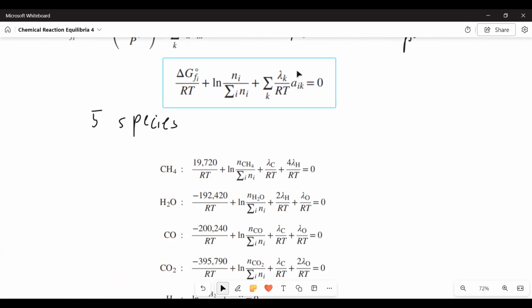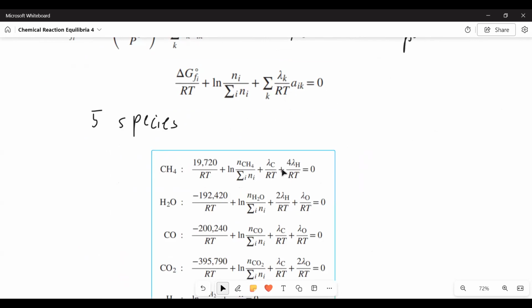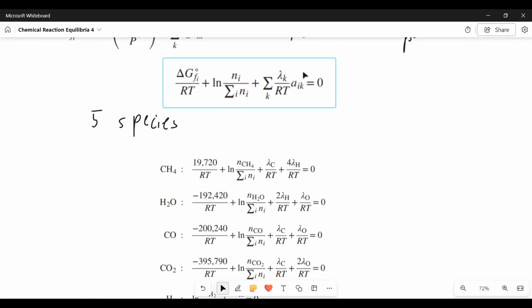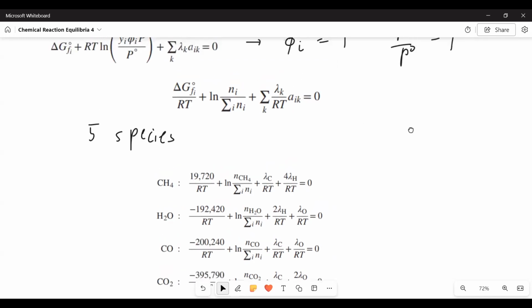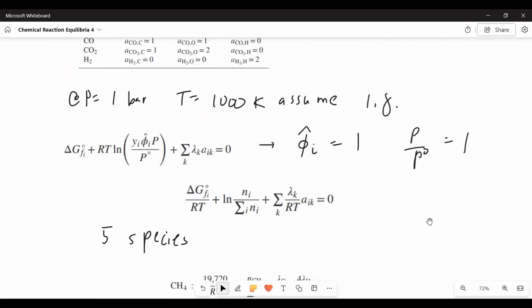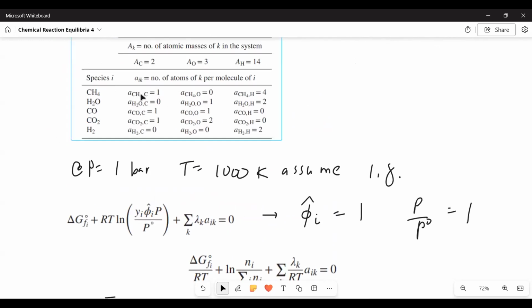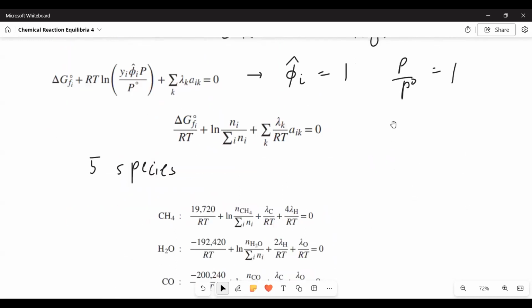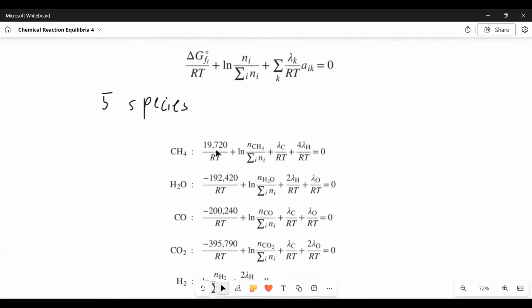And then we get to the part where we expand the third term for each of the atoms. First, starting with carbon, which has lambda carbon over RT, and the coefficient is just 1 because based on our evaluation earlier, a sub CH4,C is 1. So the coefficient right here is 1. However, for hydrogen, the coefficient is 4.